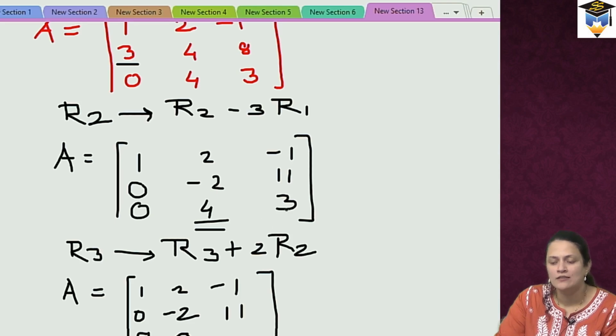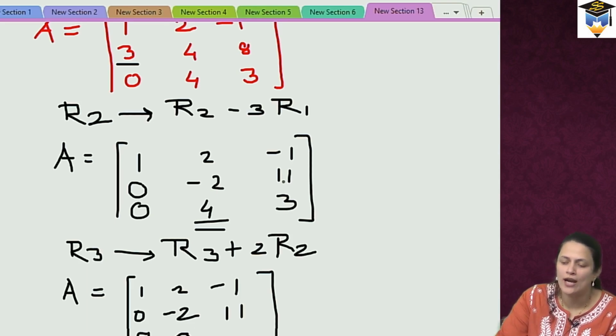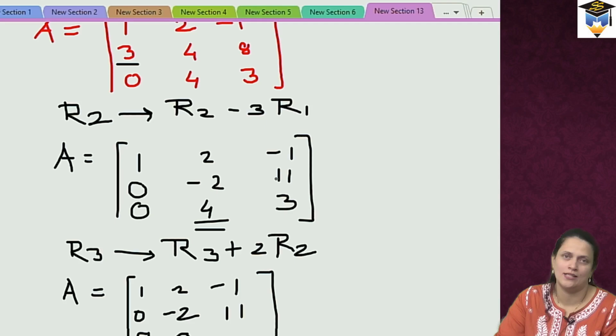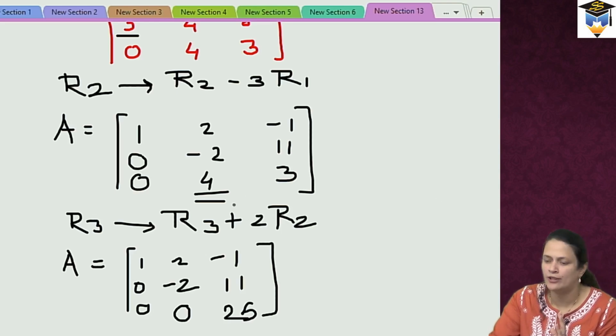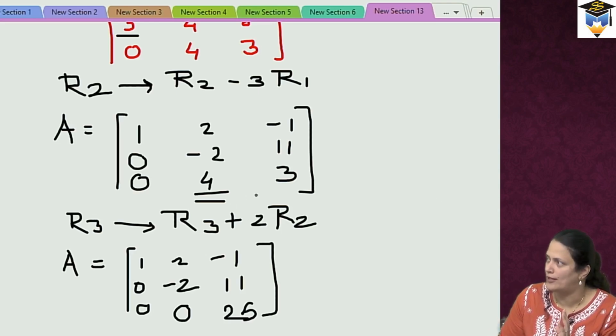And now 3 plus 2R2, so 3 plus 22 is going to give me the answer as 25. Now is this converted into an upper triangular matrix? Yes. So now we say this particular matrix is converted to upper triangular matrix. Have you understood?